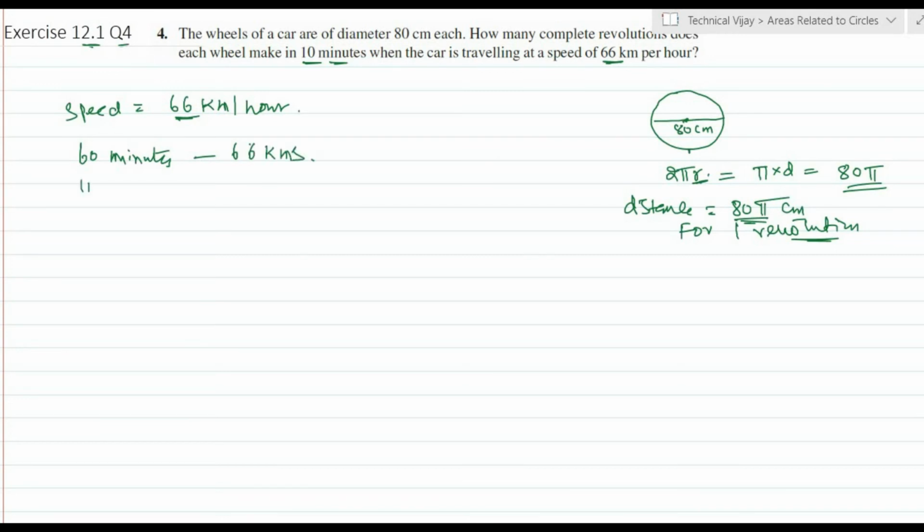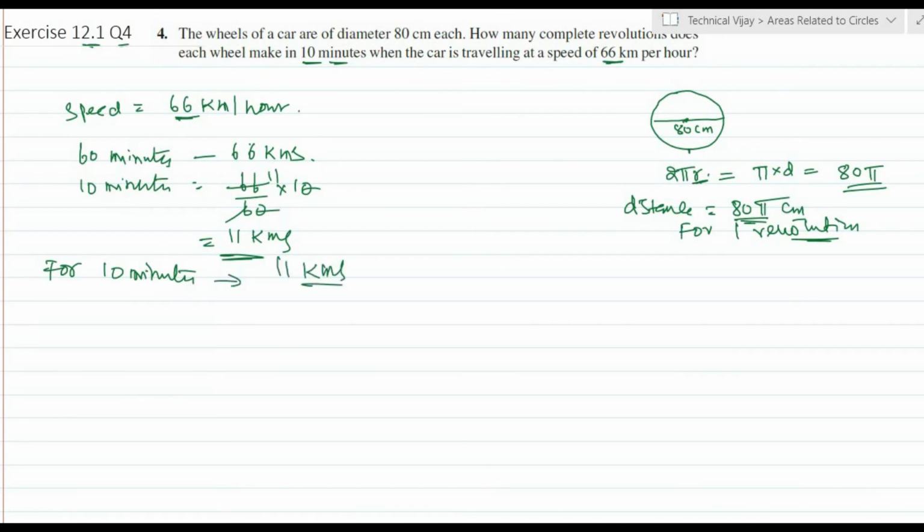For 10 minutes, how much is it? That is 66 divided by 60 into 10, which gives 11 kilometers. So for 10 minutes, it is going 11 kilometers.